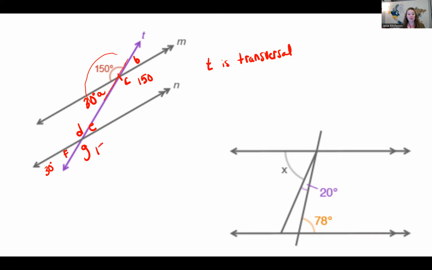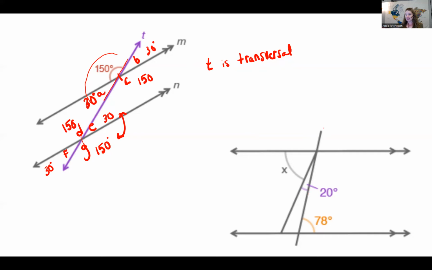Angle G is 150 because it corresponds to angle C. What about angle E? Angle E is 30 because it's supplementary to angle G. And since G and D are vertical angles, this one's also 150 degrees, which only leaves letter B, which is 30 degrees.